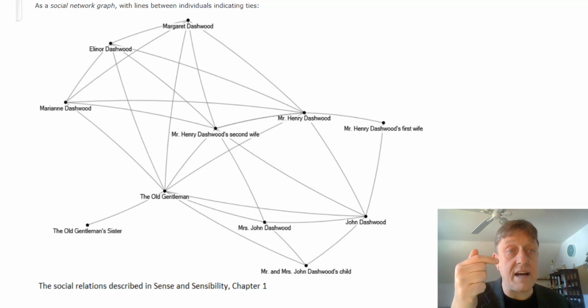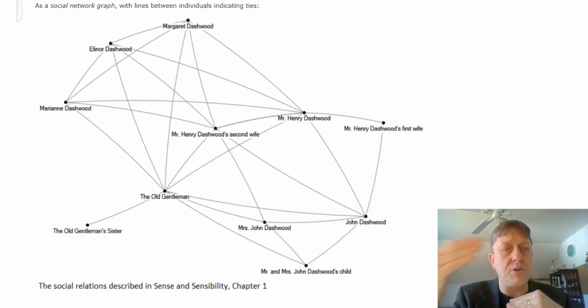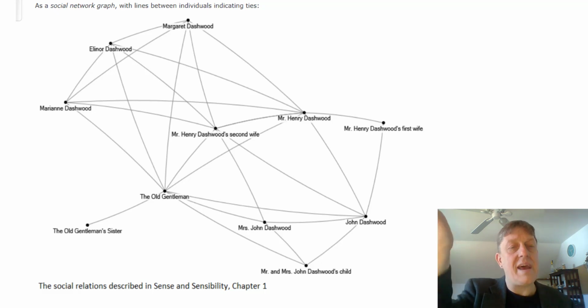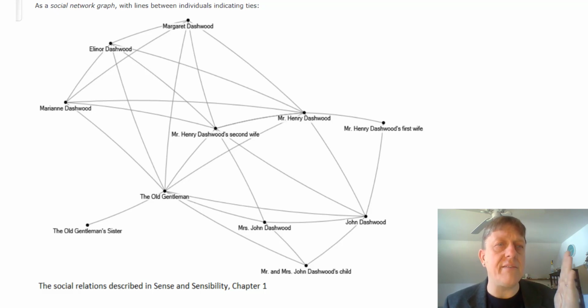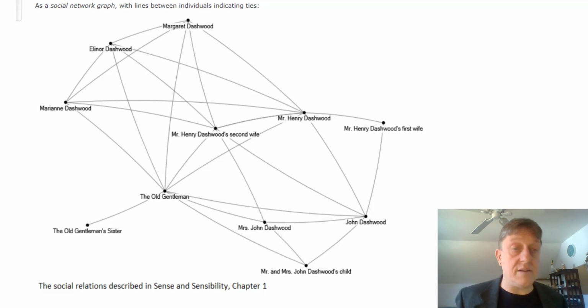For instance, Margaret Dashwood was in this same house and was providing cheer to the old gentleman before the old gentleman died. So we know that there's a relationship between Margaret Dashwood and the old gentleman, and there's a line there. What we see here is that there are some individuals who are more central than others. For instance, the old gentleman's sister really is listed as only having one relationship in this text, and that is to the old gentleman himself, whereas the old gentleman has many relations to others.